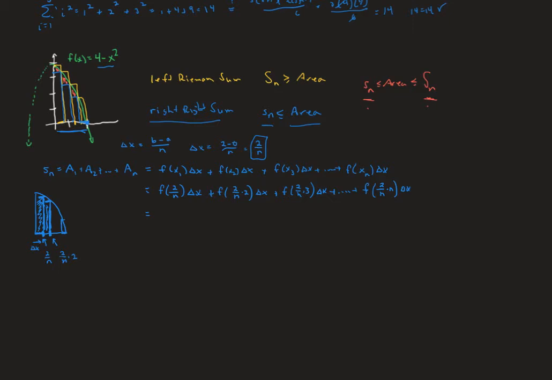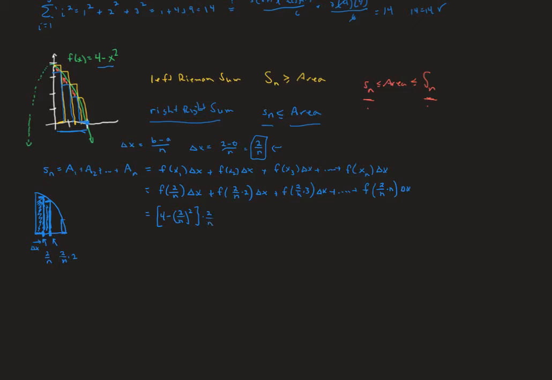Okay, now let's see what we're going to get here. When we plug 2 over n into our function 4 minus x squared, that's going to become 4 minus 2 over n squared, and then that's going to get multiplied by our delta x, which, remember, is 2 over n.